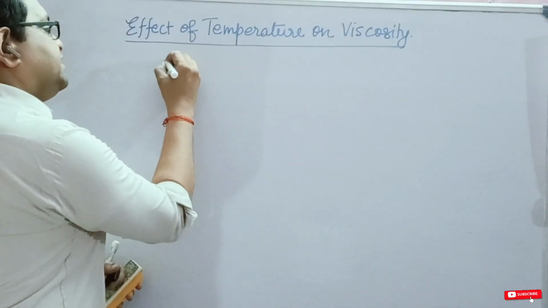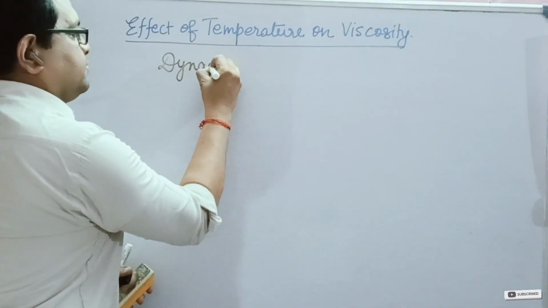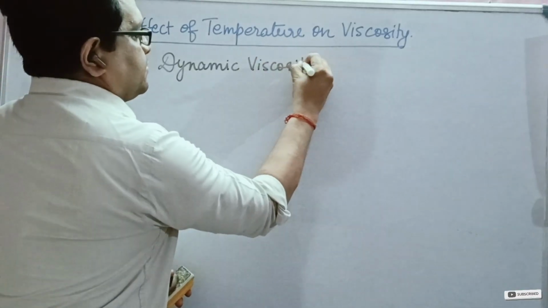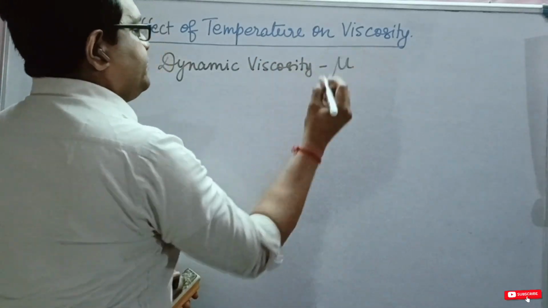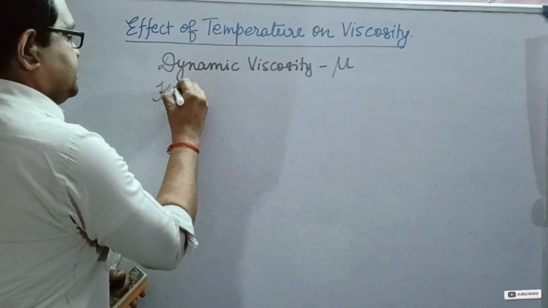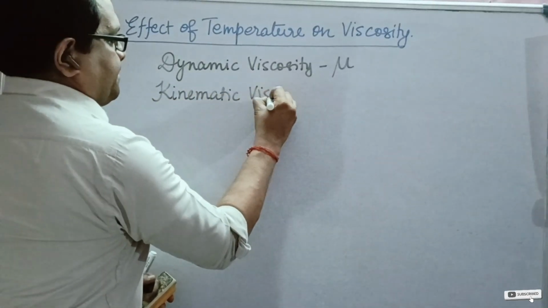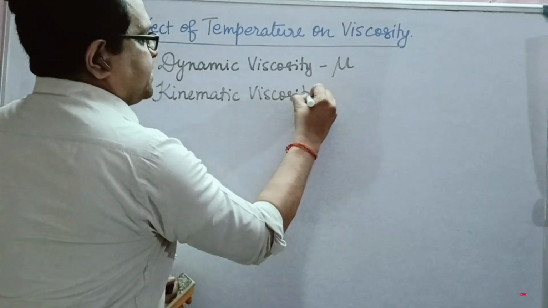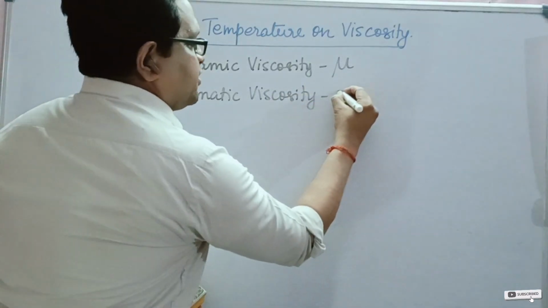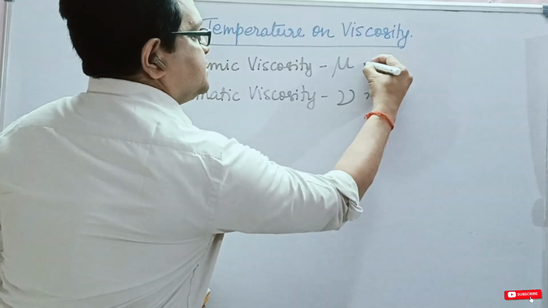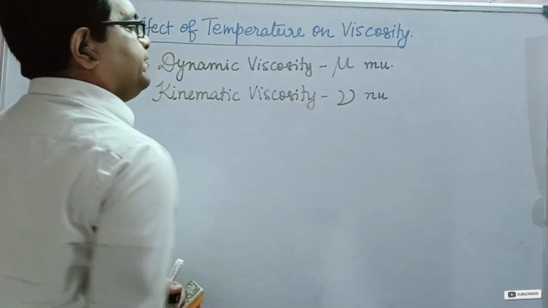First we have the dynamic viscosity, expressed as mu, and the kinematic viscosity is expressed by the Greek letter nu.